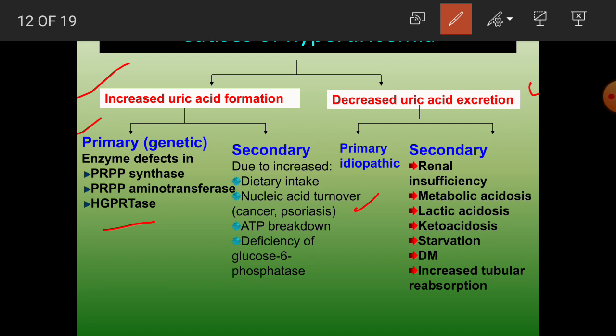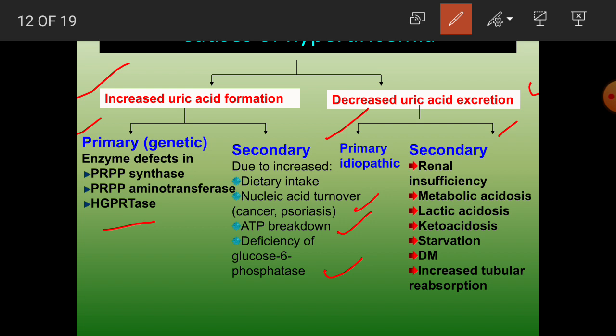In cancer and psoriasis there is a lot of cell lysis, so more nucleotides are released, or there is heavy ATP breakdown, or deficiency of glucose 6-phosphatase, that is von Gierke's disease. In these cases increased uric acid formation is there. There may also be decreased uric acid excretion. It can be primary or secondary.